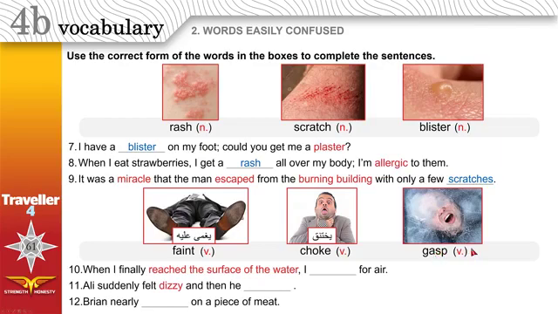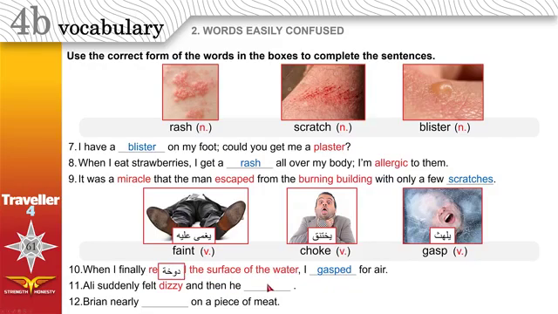I am gasping for air. When I finally reached the surface of the water, the surface, the very top side of the water, I gasped for air. I was trying very hard to breathe. Ali suddenly felt dizzy. When somebody feels dizzy, he or she feels that they can't control or balance themselves.